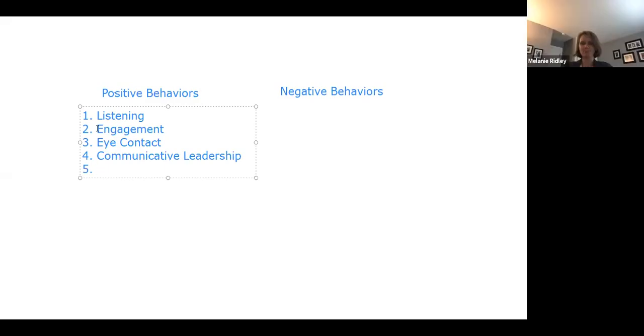Dependability, a detail orientation, respect, positive attitude, open-minded.